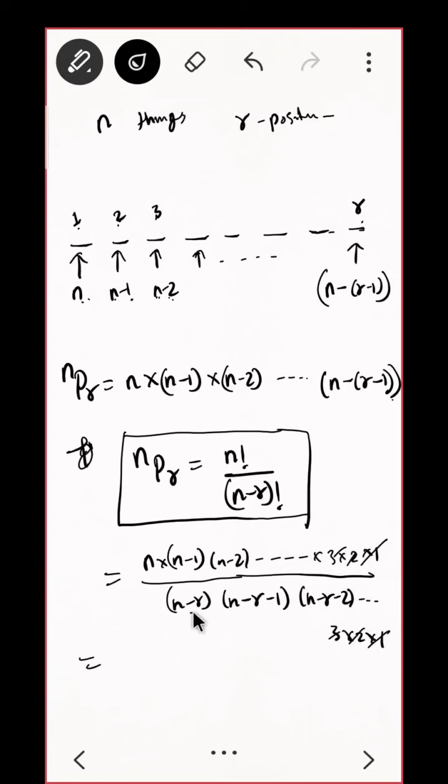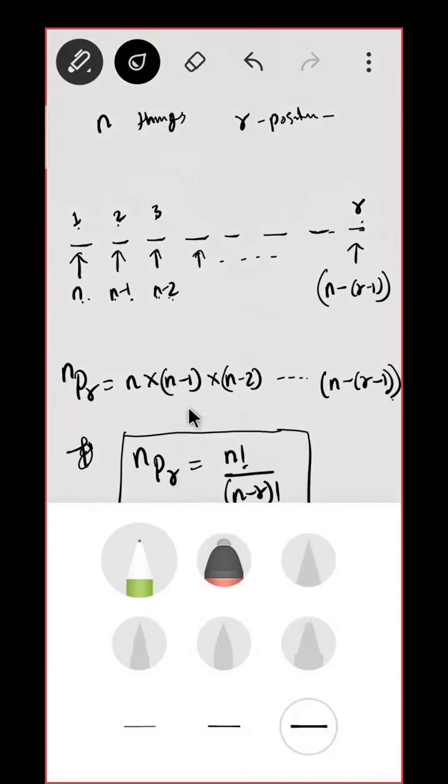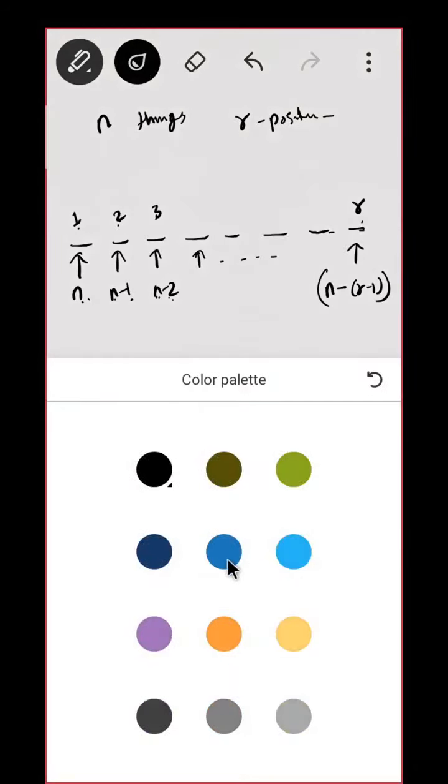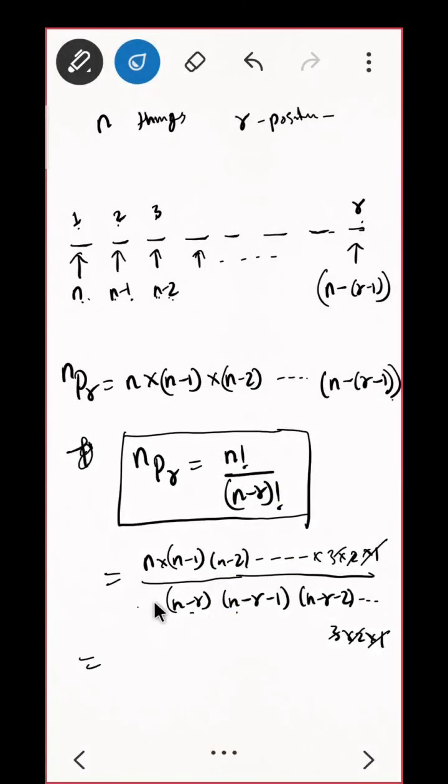What is the next number after this? This is n minus r, so the previous number is n minus r minus 1. What is the next number to this? That is n minus r plus 1. Do you agree? The next term will be n minus r plus 1. Correct?